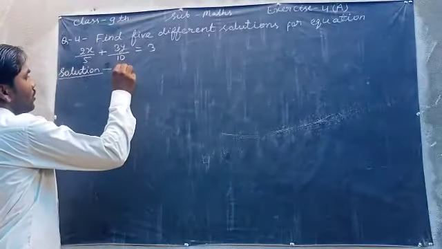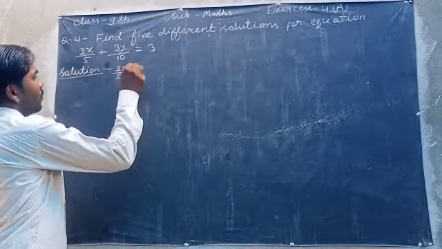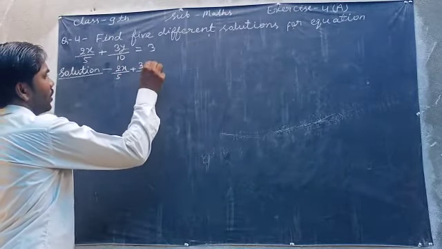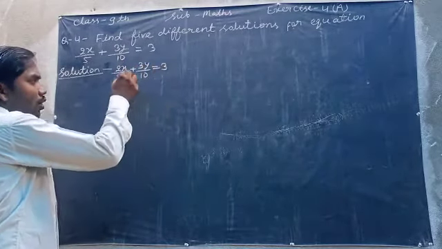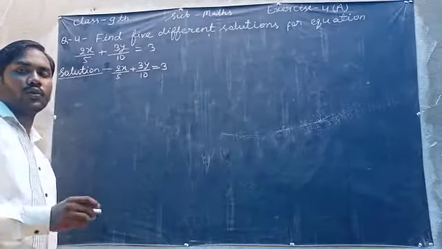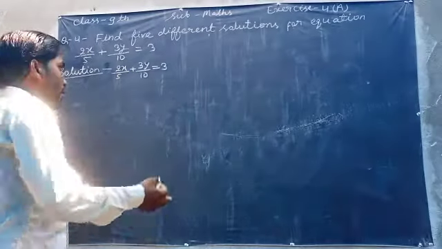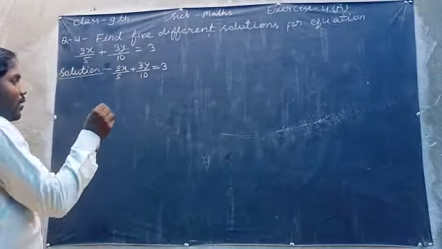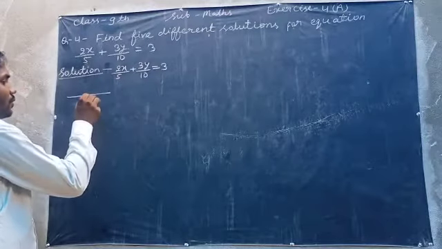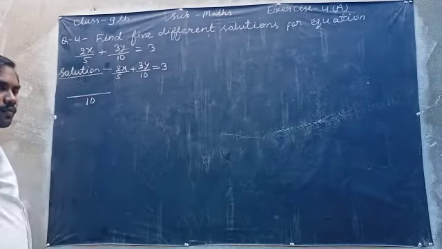Solution: 2x by 5 plus 3y by 10 is equal to 3. As you can see, this is in the form of fractions, so first of all we will convert it to the normal form. We take the LCM of 10 and 5, which is 10.